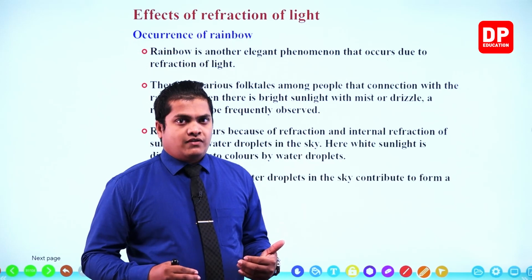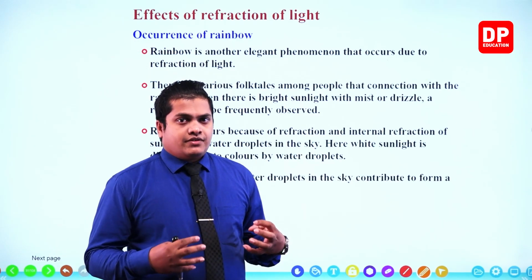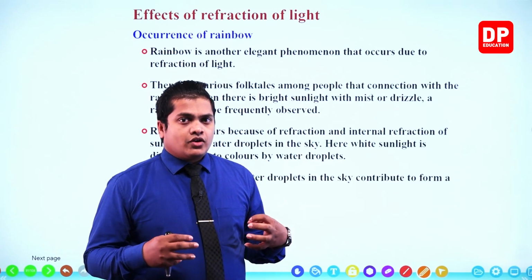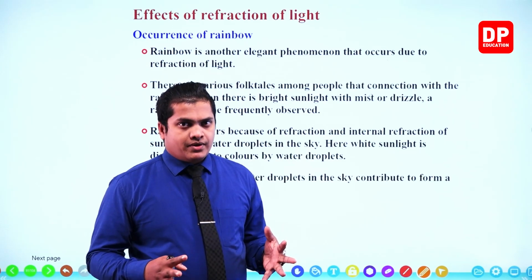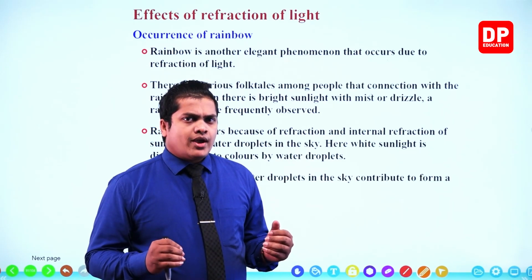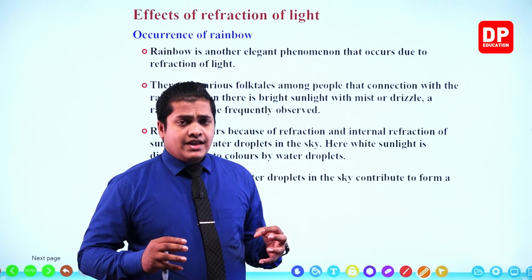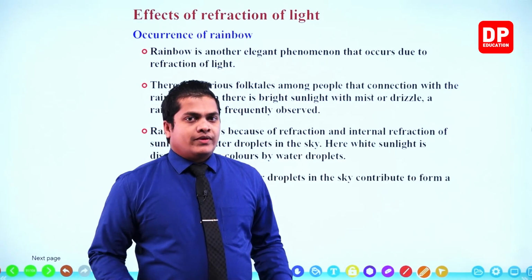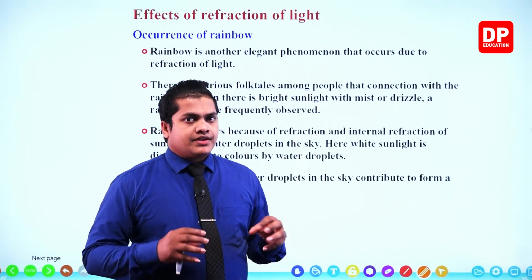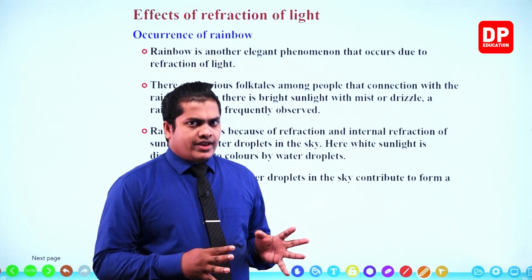Because of the refraction of light, this phenomenon, which is referred to as the occurrence of rainbow, is going to happen. It's mainly related with the rain. Okay, so my dear children, like I said, the rainbow is somewhat related to the rain.